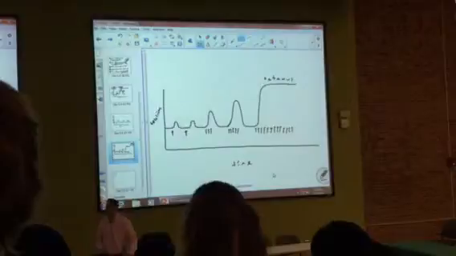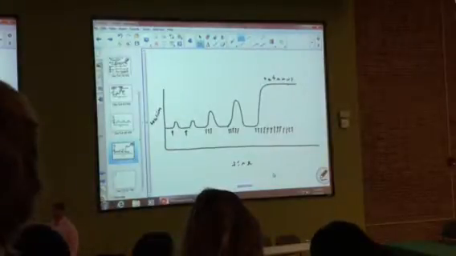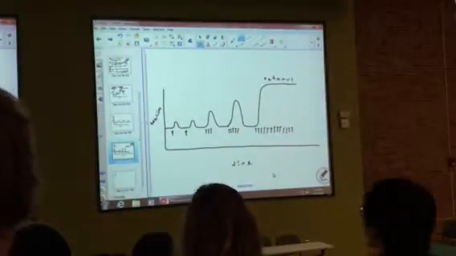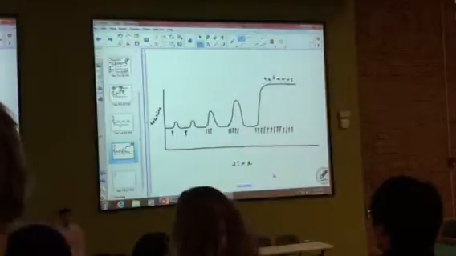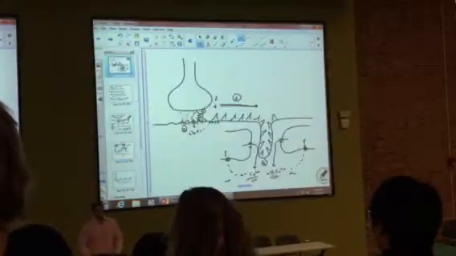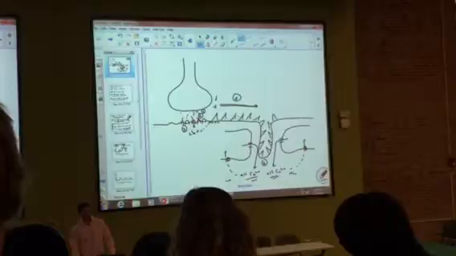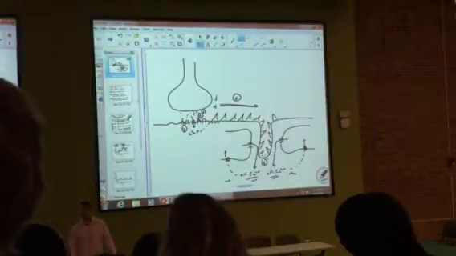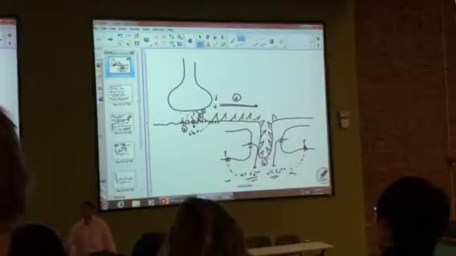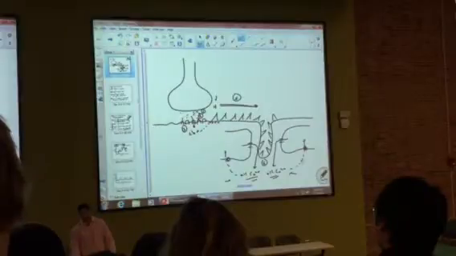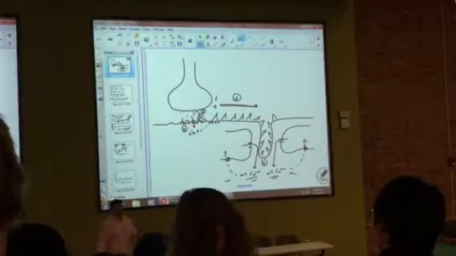What's happening here instead is that we're keeping the calcium in the sarcoplasm for a longer period of time. So let's go back to our picture. Every time we excite this muscle cell, calcium gets released, right? And then immediately what happens? The calcium gets pumped back up into the SR, right?